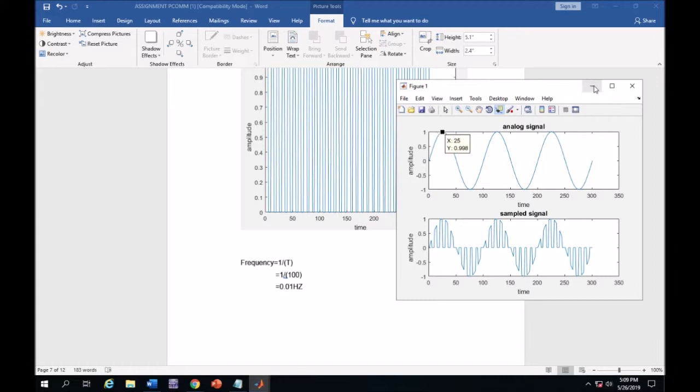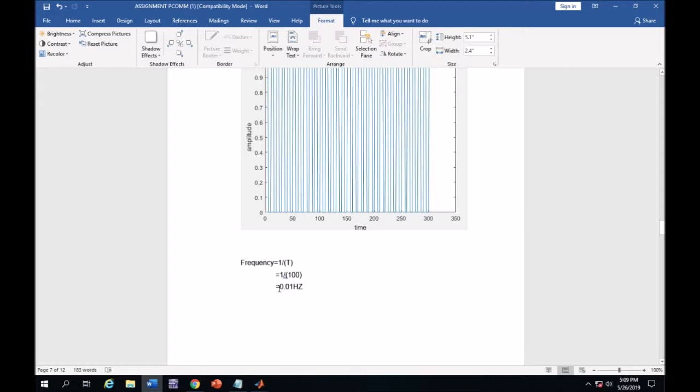Okay, and from one cycle we get 126. Okay, and we just substitute into the formula 1/100, and we get the frequency is 0.01 Hertz. Okay, thank you.